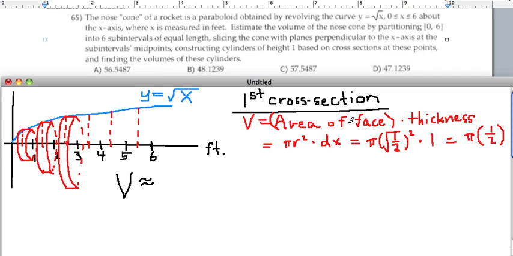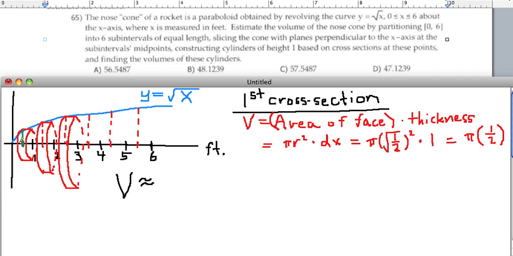This particular face, the radius happens to be the distance between the x-axis and where this disc actually hits the curve. So this particular radius is right here, and as you notice, on the x-axis, it's in the middle of the first subinterval.